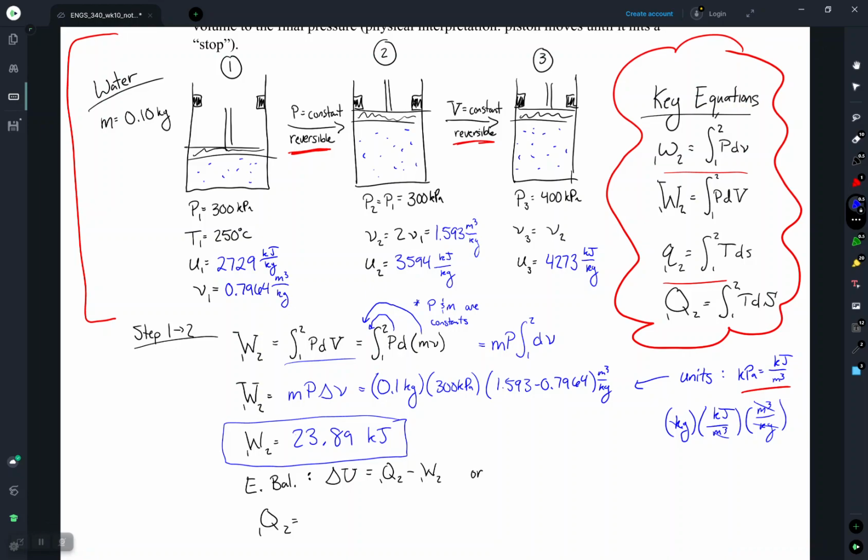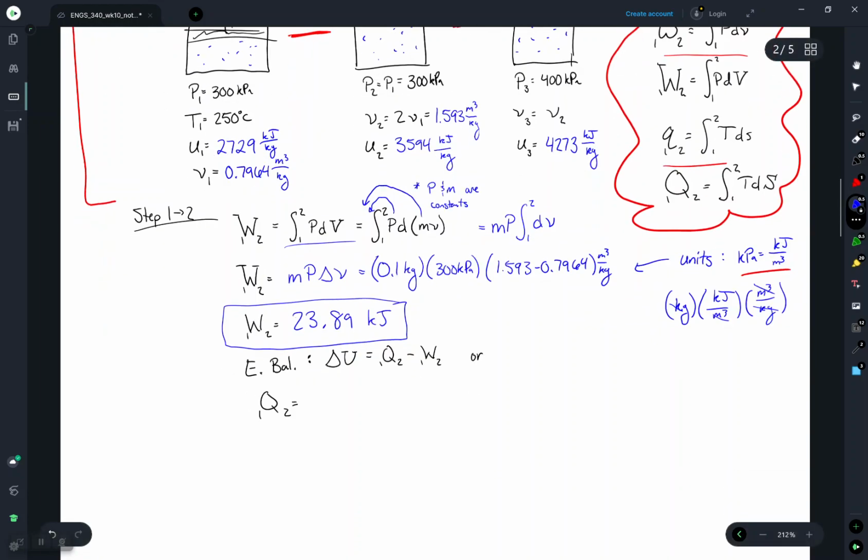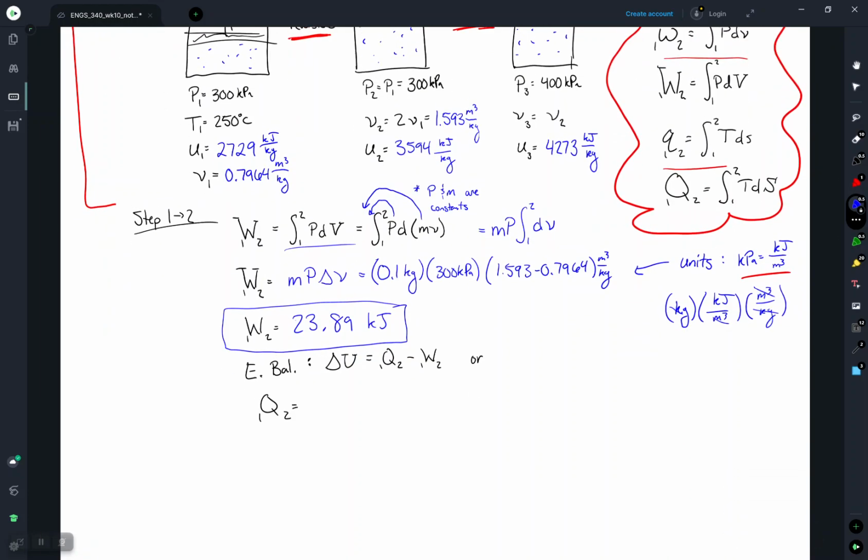We can then find our heat transfer using a simple energy balance. We have delta U equals Q minus W, or we could rewrite this as Q12 equals delta U plus W, just by simply rearranging our equation. So we can find Q, capital delta U is the mass, 0.1 kilograms, times the change in internal energy, 3594 minus 2729.